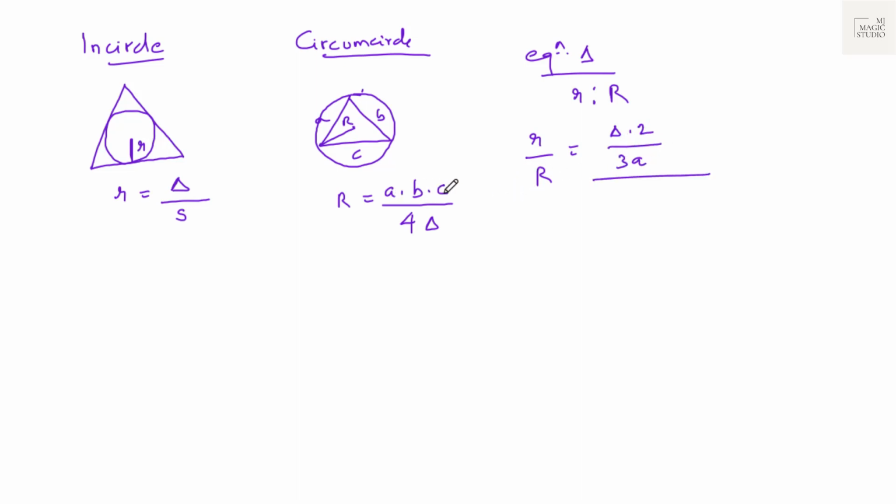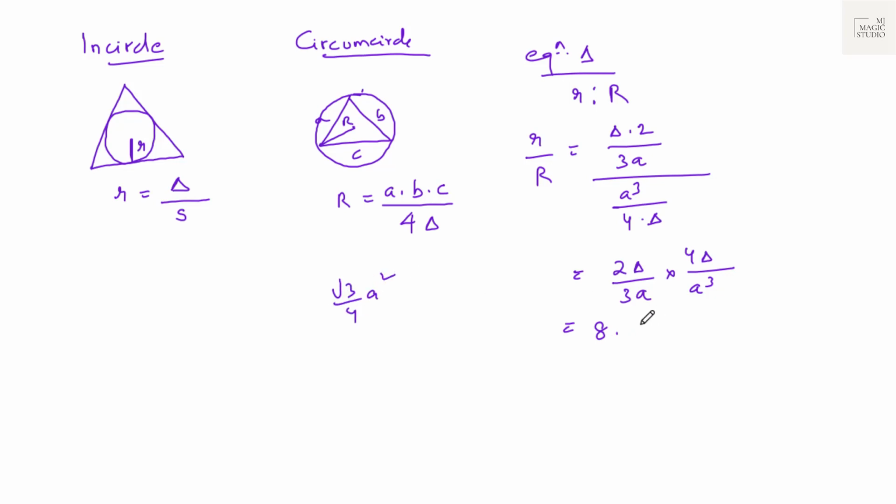So it is 2 area by 3a, upon capital R, which is the product of the 3 sides, a into a into a, that is a cube, divided by 4 times the area. So it becomes 2 area by 3a into 4 area by a cube. Okay, so it is area square.